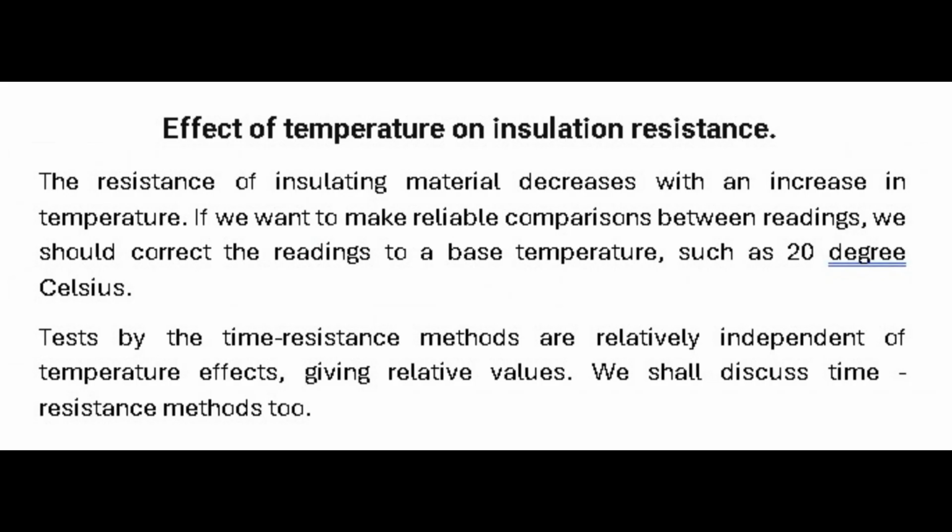Now we shall discuss the effect of temperature on insulation resistance. The resistance of insulating material decreases with an increase in temperature. If we want to make reliable comparisons between readings, we should correct the readings to a base temperature, such as 20 degrees Celsius. Tests by the time resistance methods are relatively independent of temperature effects, giving relative values. We shall discuss time resistance methods too.